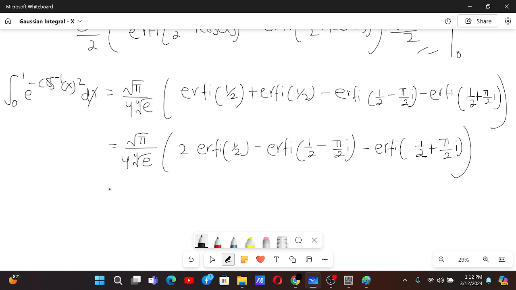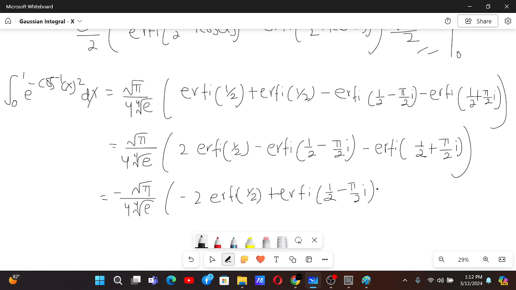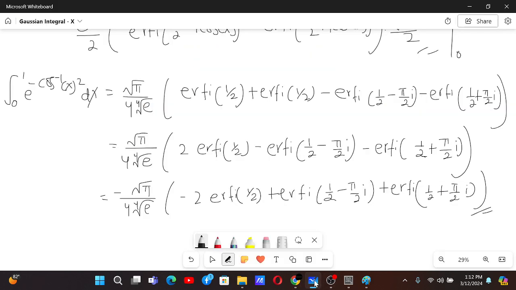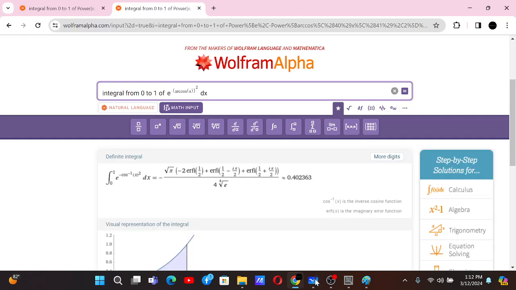Okay, so let's take the minus sign common, and minus root pi by 4 4th root of e, and that leaves us with minus 2 erfi of 1 by 2 plus erfi of 1 by 2 minus pi by 2i plus erfi of 1 by 2 plus pi by 2i. Yeah, that's the correct answer.